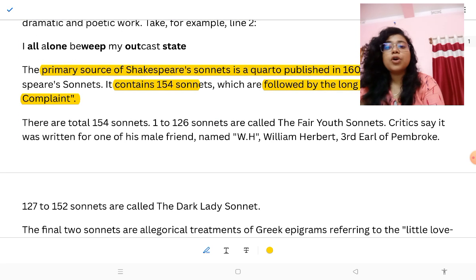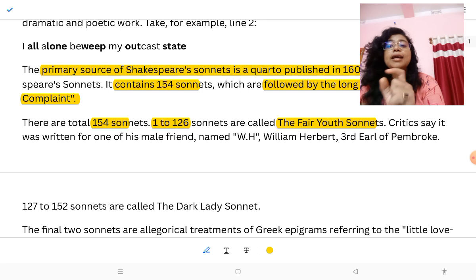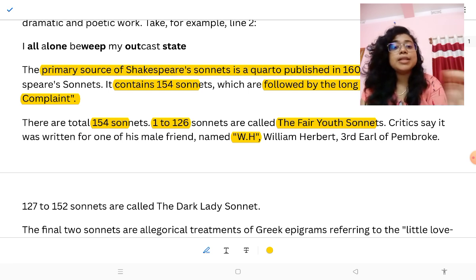Sonnets 1 to 126 are called the Fair Youth sonnets. Critics say that these sonnets are written for his male friend, whom he addressed in his quarto as Mr. W.H., which critics say can be William Herbert, the third Earl of Pembroke.